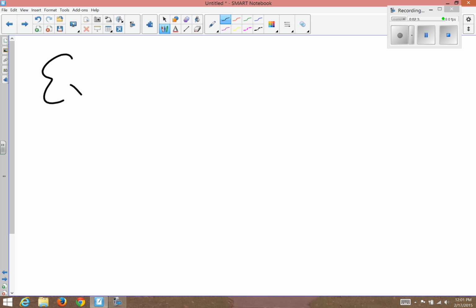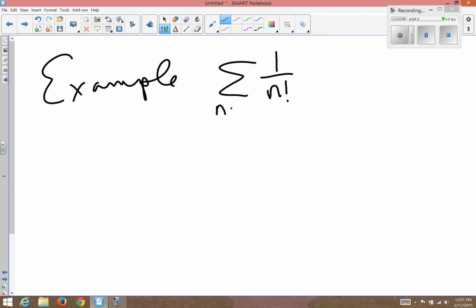Example. Sigma 1 over n factorial. In this example, the nth term is, as usual, what's here, next to sigma.